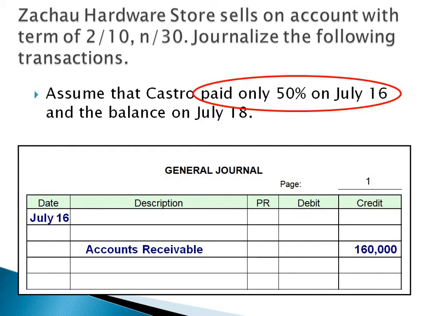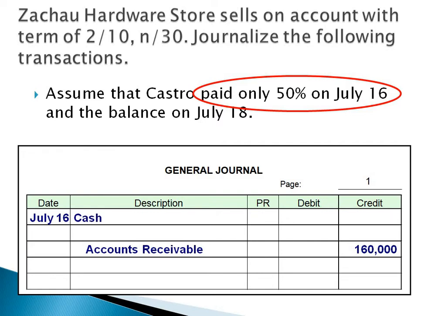So what else increased or decreased from the viewpoint of Sakaw? The cash increased or decreased? Increased, of course, because again, since we are on the perspective of Sakaw, upon payment by Castro, the cash of Sakaw increased. Being an asset to increase, the cash must be debited.